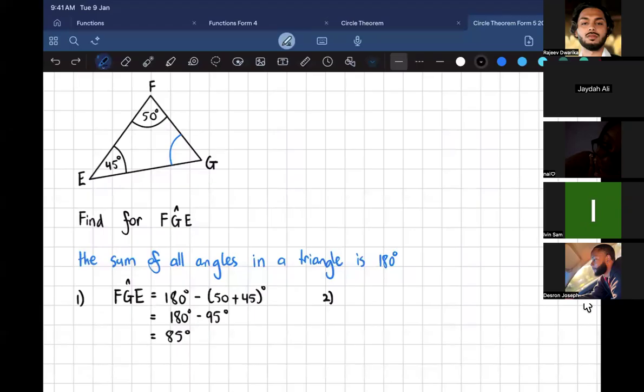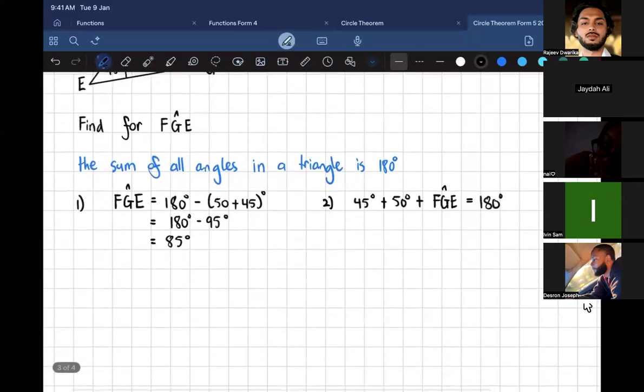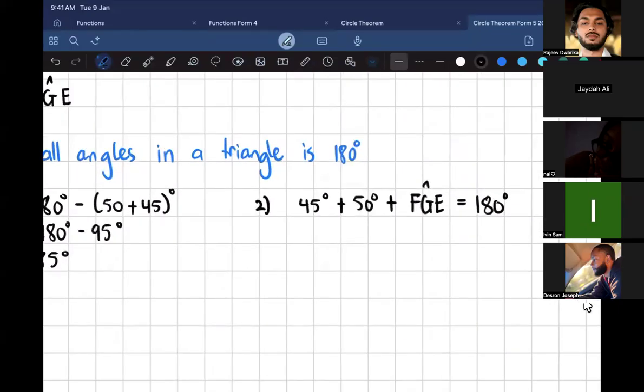Another way to do it, Desron: you know that all of them have to add up to 180. So I could say 45 degrees plus 50 degrees plus, what's the other angle, Desron? Angle FGE, and that will be equal to 180 degrees. 45 plus 50 is 95.